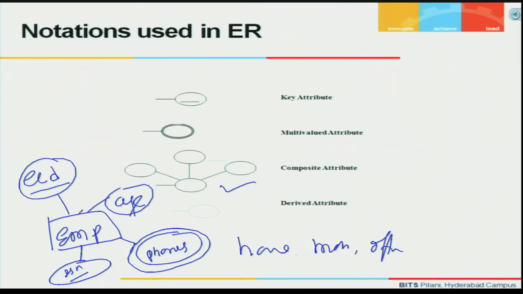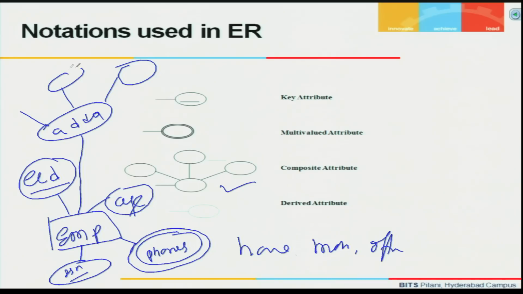Let us consider this: I have address. This indicates that it is a composite or complex attribute, which can have subcomponents like door number, street, zip, city, and so forth. So this is a normal, simple, single-valued attribute, this is a multi-valued attribute, and this is a complex or composite attribute.